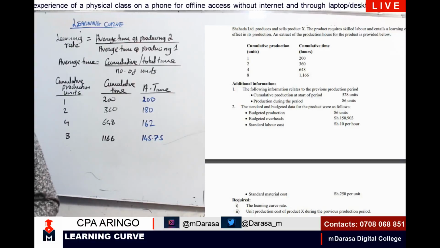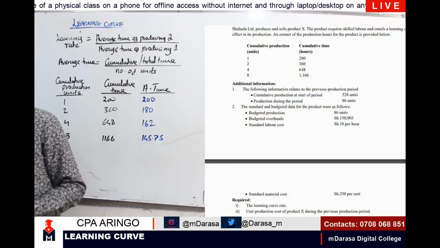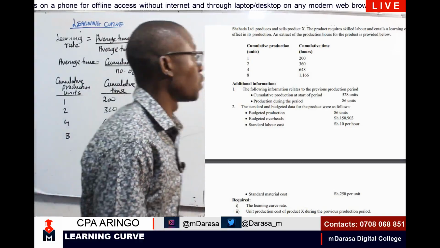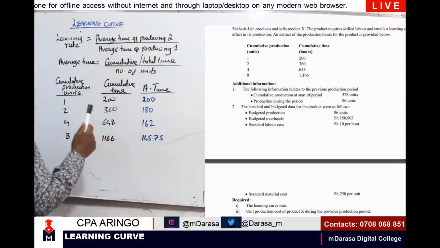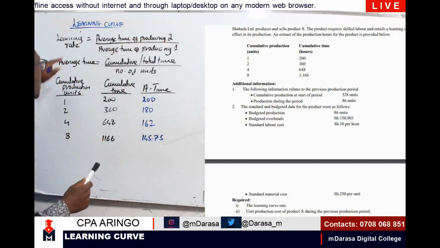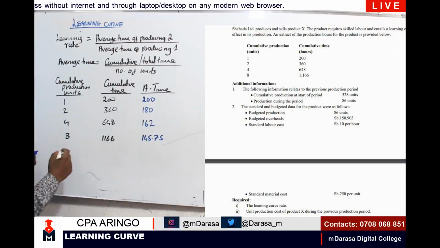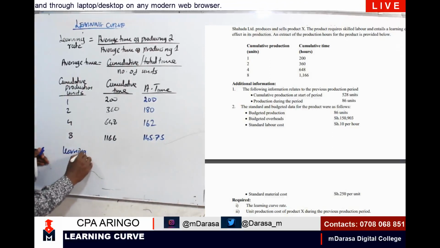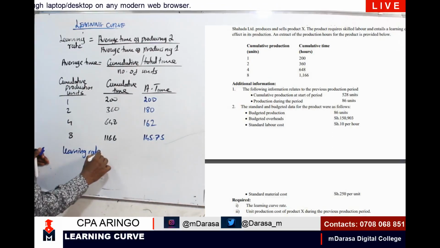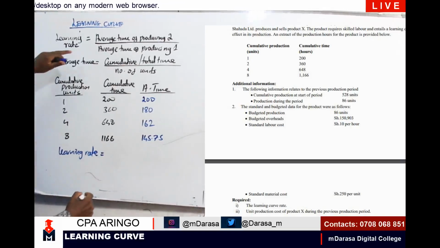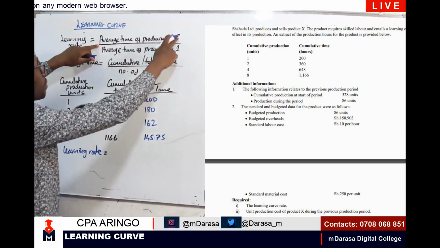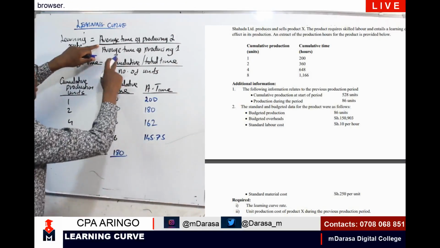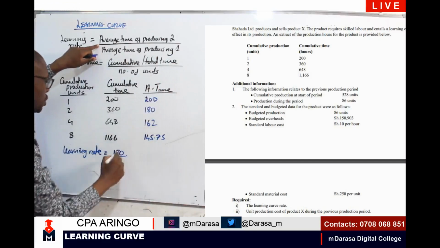Now, my good students, after we have determined that, the big question would be, can we now determine our learning rate? Because recall, Mwalimu has given us here a very clear procedure of how we can determine our learning rate. So to determine my learning rate here, which the examiner wanted us to determine, we are going to take my average time of producing the second batch, which is 180, and divide by average time of producing the first batch, which is 200.